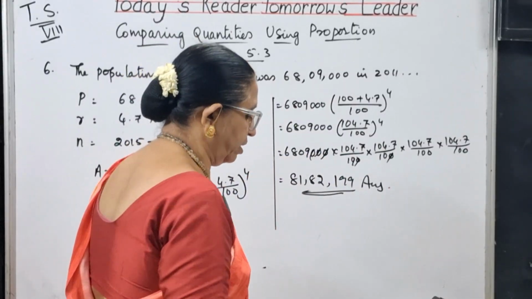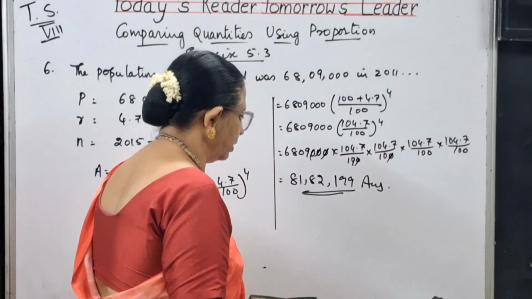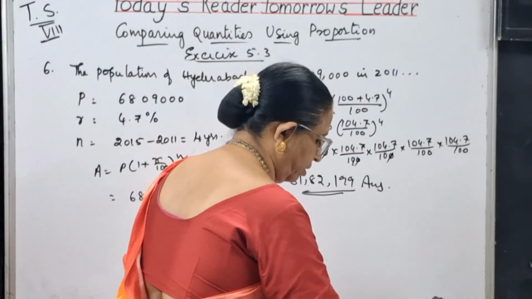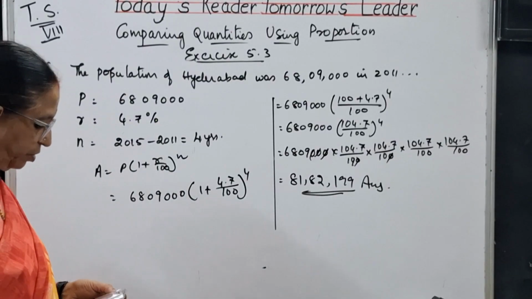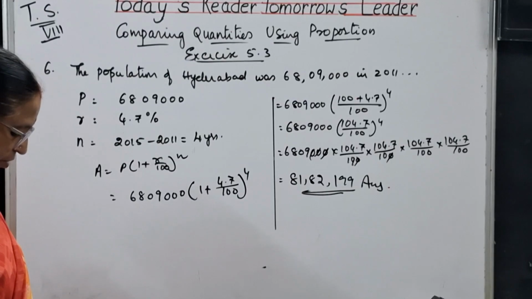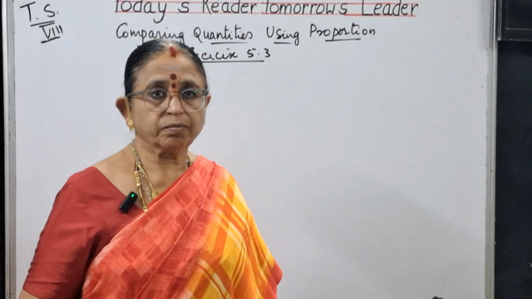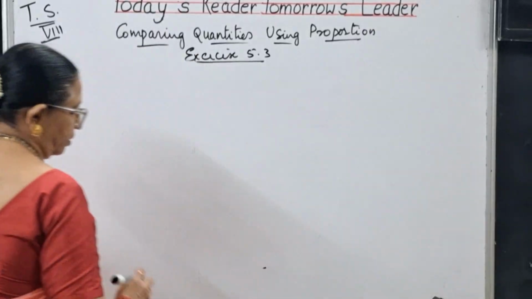So please do the calculation by yourself. This will be the answer that you are going to get for this problem, children. Please note it down. It's a very lengthy calculation. That's why I'm not doing it here due to lack of space for me. Now, next problem, children. That is the seventh one.